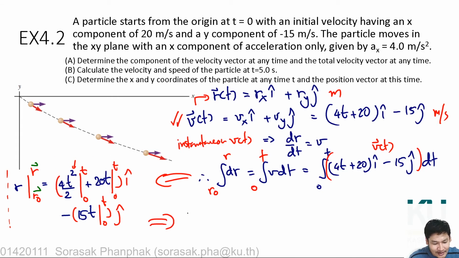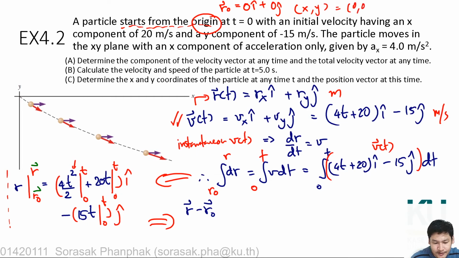So now you got this as r minus r0, which starts from the origin. Here you can see the origin represents that you have r0 equal to zero, which is 0 i plus 0 j meters. So the origin represents the xy coordinates as 0, 0. Right, this is at origin. So that means your r0 is equal to zero.